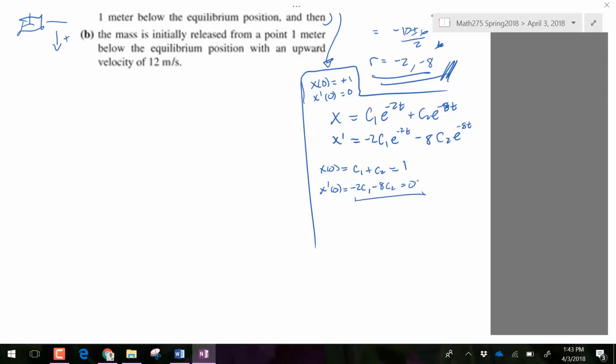Just multiply the first one by 2 or 8 or something like that and add it. You guys want to confirm that?